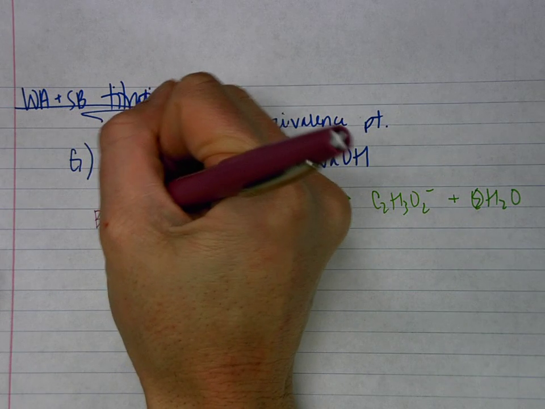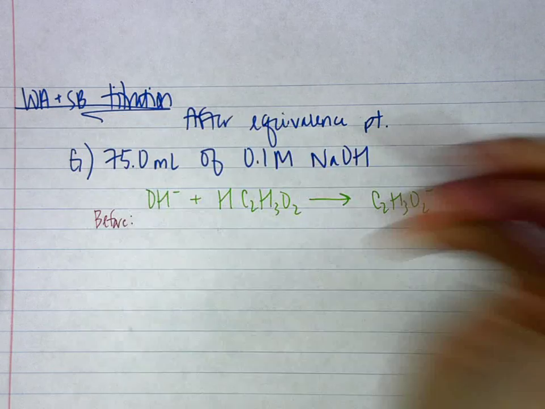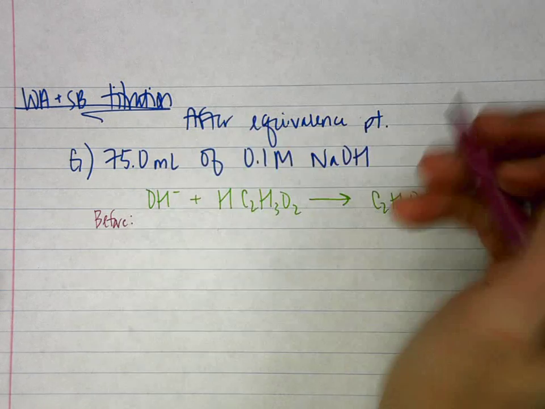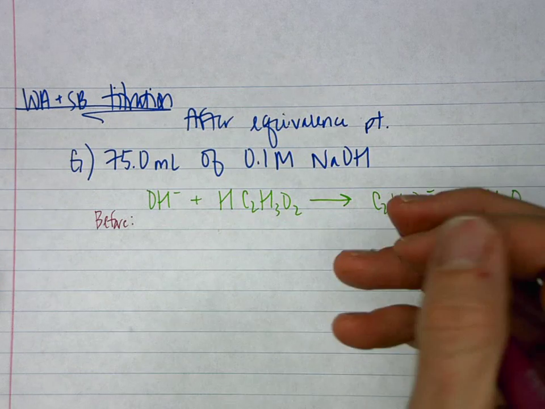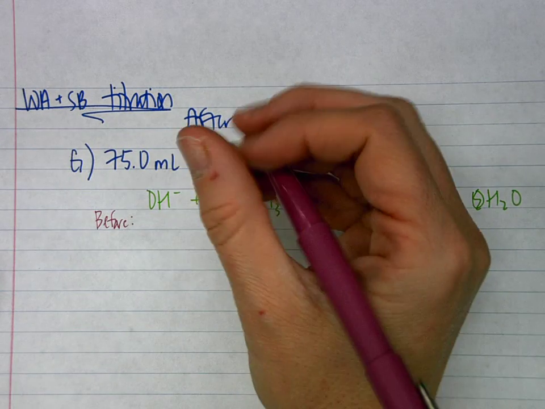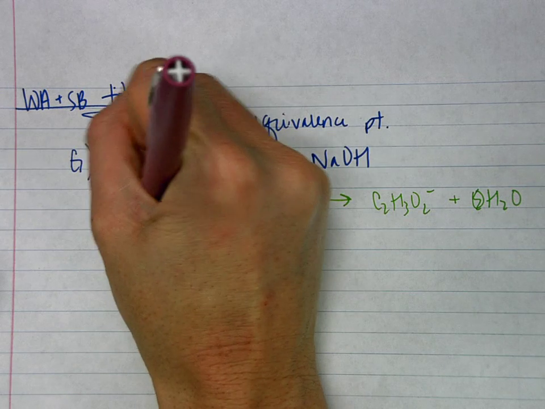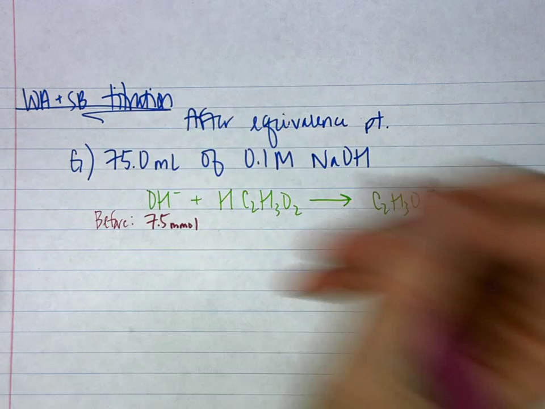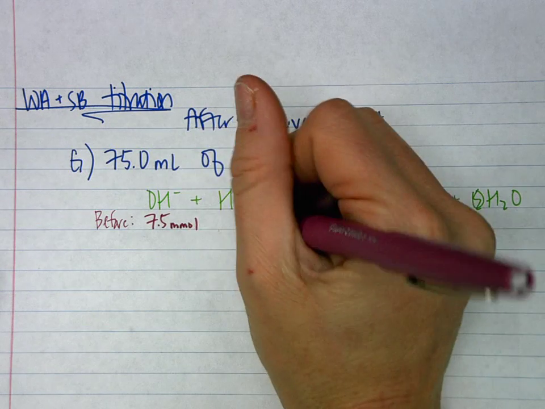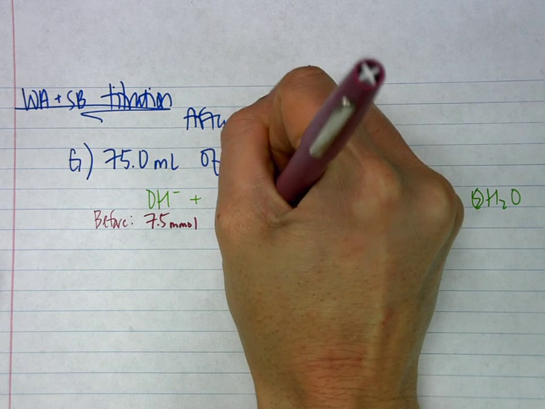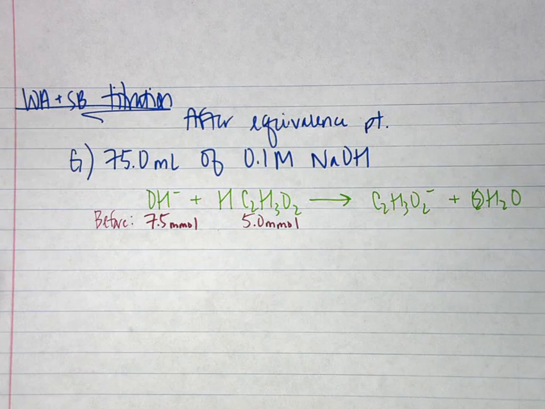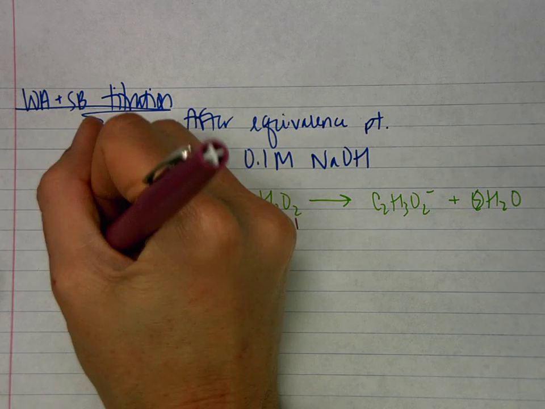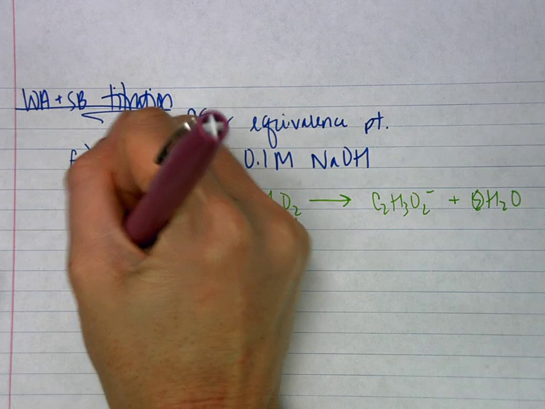Before, with the OH-, we have 0.1 times the 75 mL, so 7.5 millimoles. For our acetic acid, that hasn't been changing, so we have 5 millimoles of acetic acid. Now we do our after.